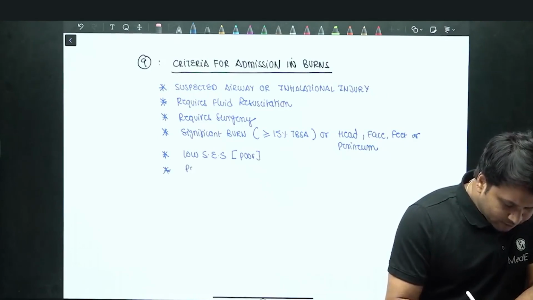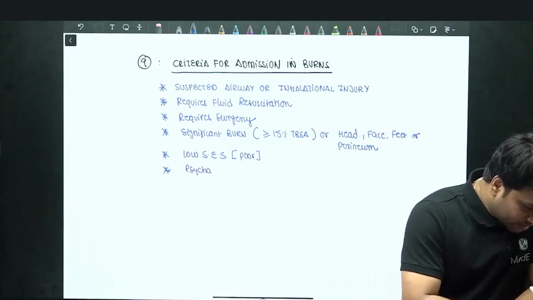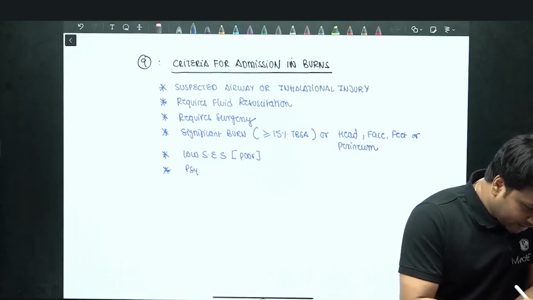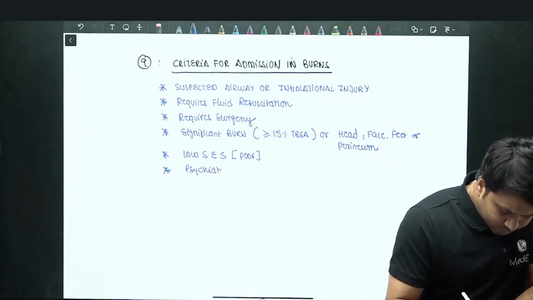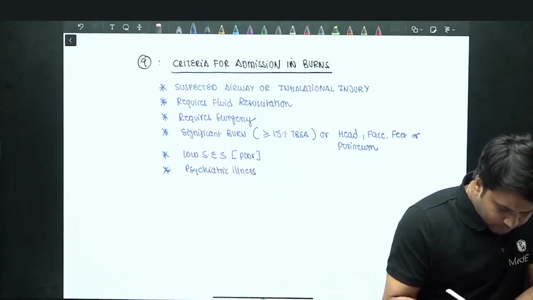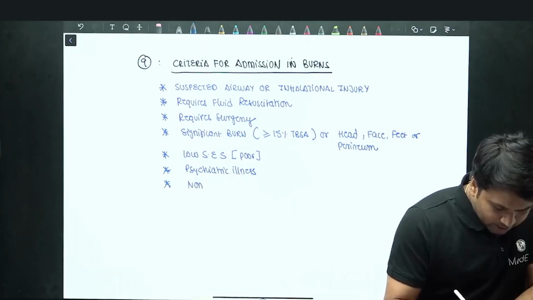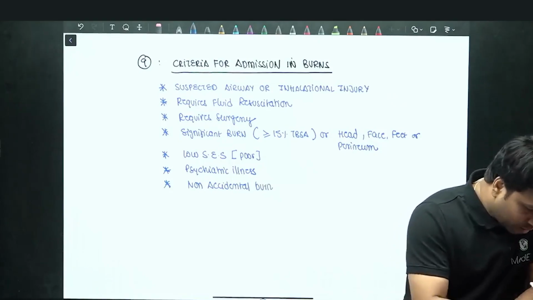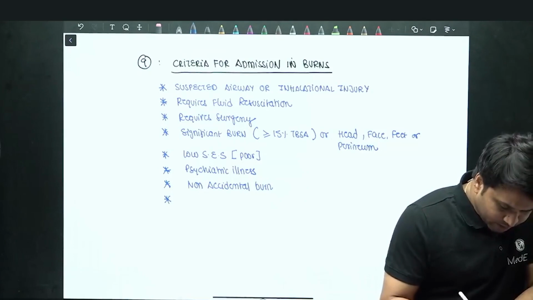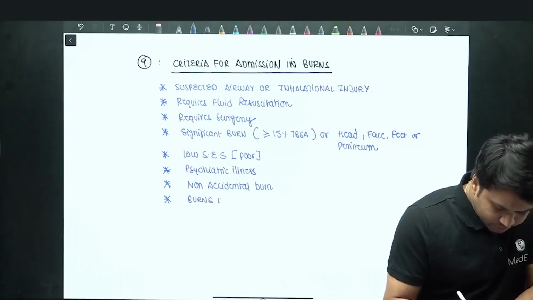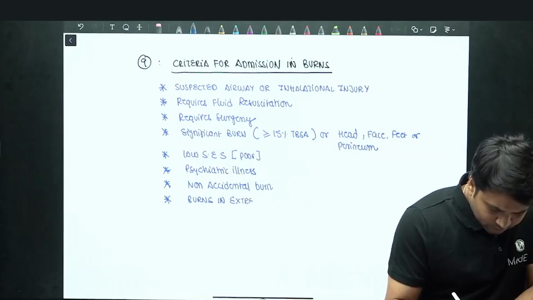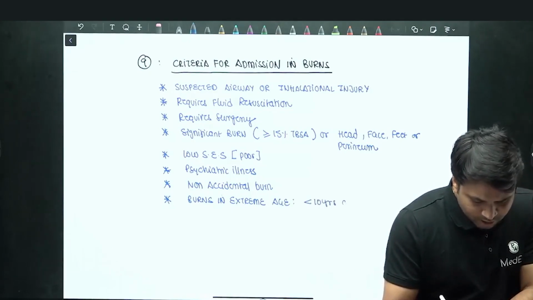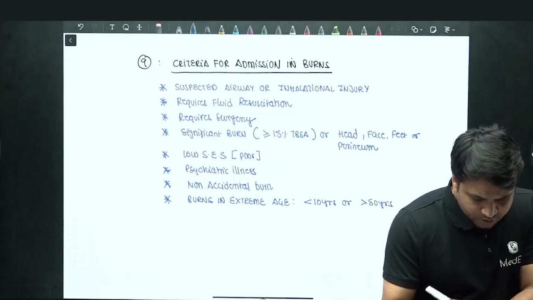A patient with psychiatric illness, if there is any psychiatric illness, if you are suspecting a non-accidental burn, or burns in extremes of age, that is, age less than 10 years or more than 50 years, right?